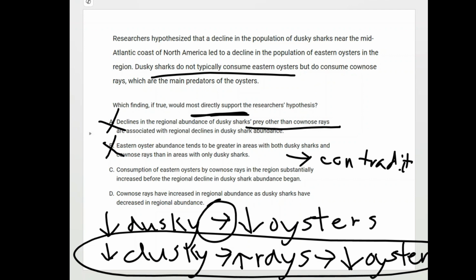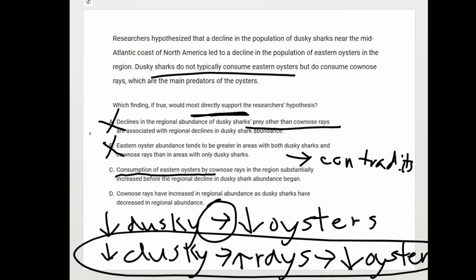All right, let's read C. Consumption of eastern oysters by cow-nose rays in the region substantially increased before the regional decline in dusky shark abundance began. This doesn't really seem to confirm the hypothesis in any way.